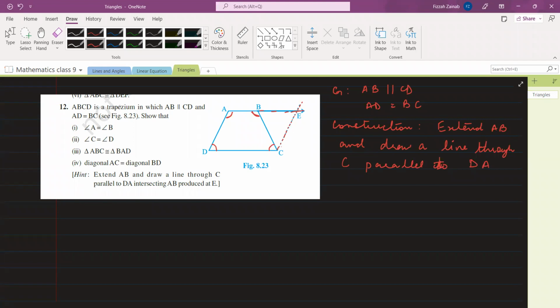So this CE is parallel to DA. This line will intersect here at E, intersecting AB produced at E. Is that clear? Yes, ma'am. Okay.